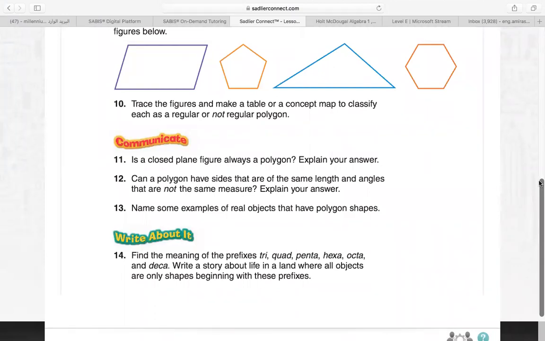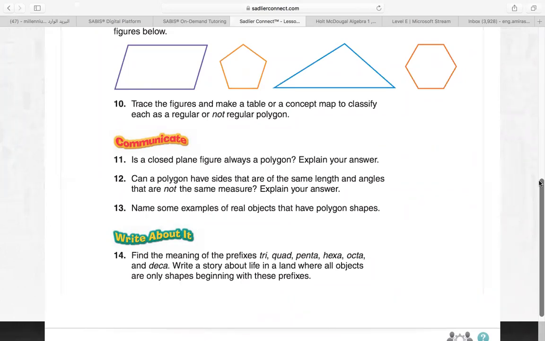Number 11: is a closed plane figure always a polygon? Who will answer me? Yes, teacher. Tell me your name first. Lujain. Listen to the question. Read the question.